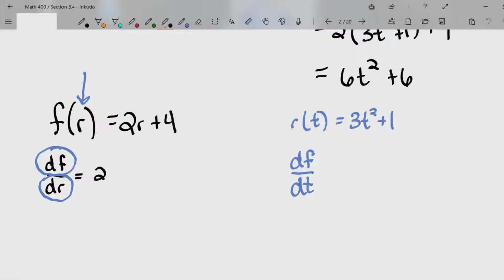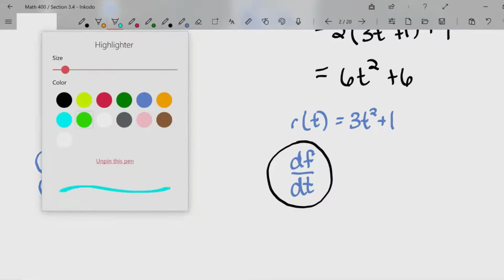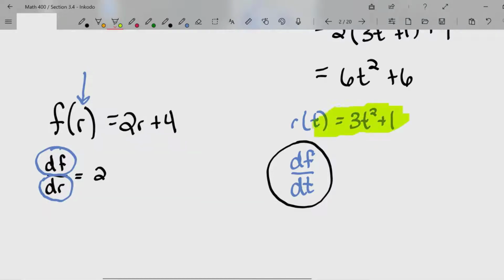And then later on, somebody said, oh, by the way, r can be written as a function of t. And then they say, I want to know how your function f is changing with respect to t. If they had not told me that r is a function of t, I would not be able to understand their question. But luckily, they gave me this formula, r of t is equal to 3t squared plus 1.